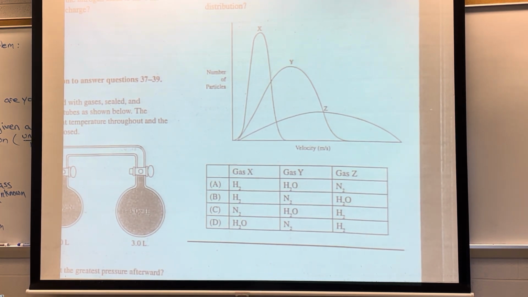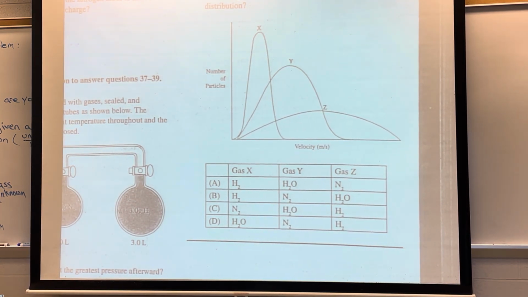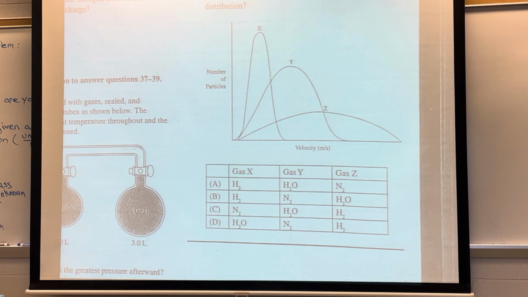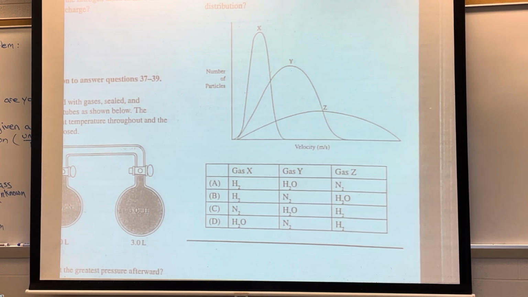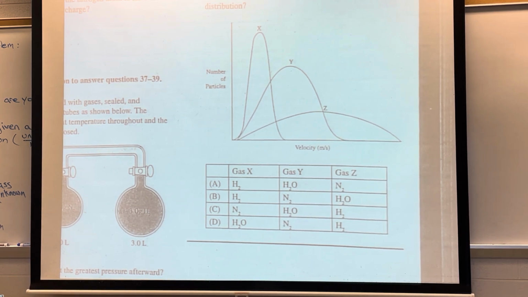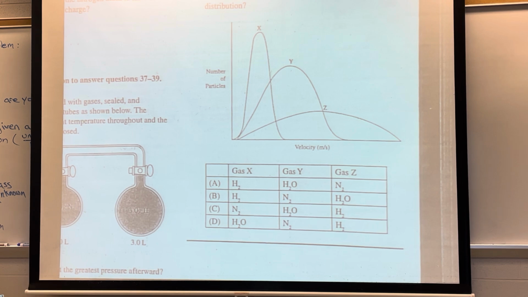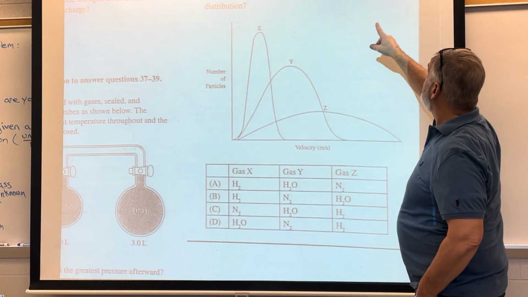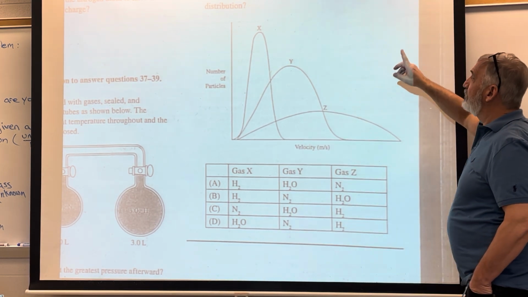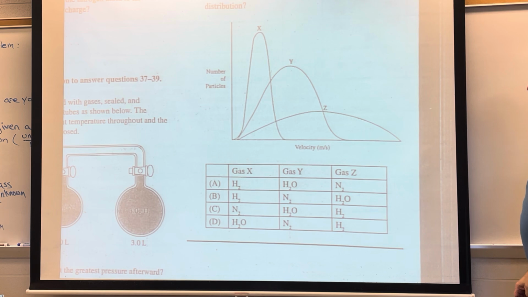Which gas is going the fastest, X, Y, or Z? Z. Does everybody know that Z is the fastest? It's not the height of the curve, it's how far to the right, because that's measuring velocity or speed. So the fastest is Z.